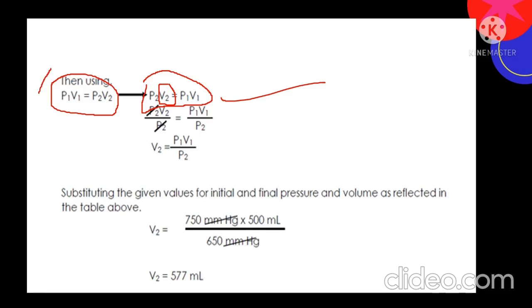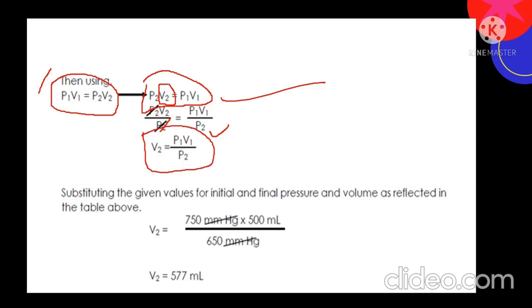So P2 V2 equals P1 V1. We divide this equation both sides by P2 or final pressure. So we come up with the formula V2 is equal to P1 V1 divided by P2.